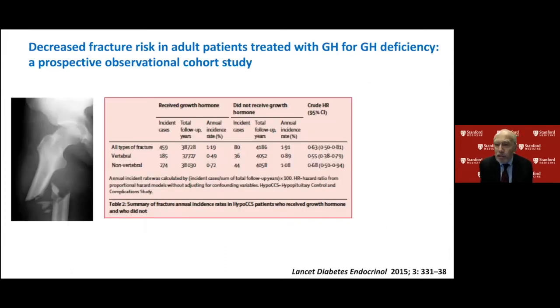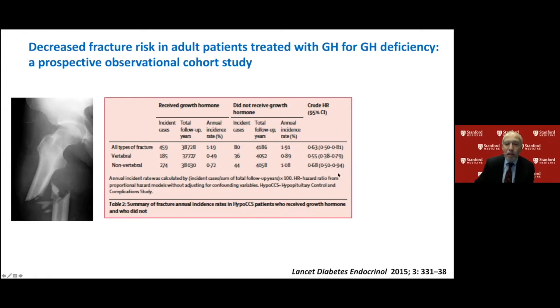Well, bone mineral density increases are all well and good. The question is, does it make a difference in fracture? And we are now developing data to indicate that, in fact, this is true. So if we compare patients with growth hormone deficiency who received growth hormone to those who did not receive growth hormone, we can see that there is a rather pronounced decrease in fracture risk of all types of fracture, both vertebral and non-vertebral.